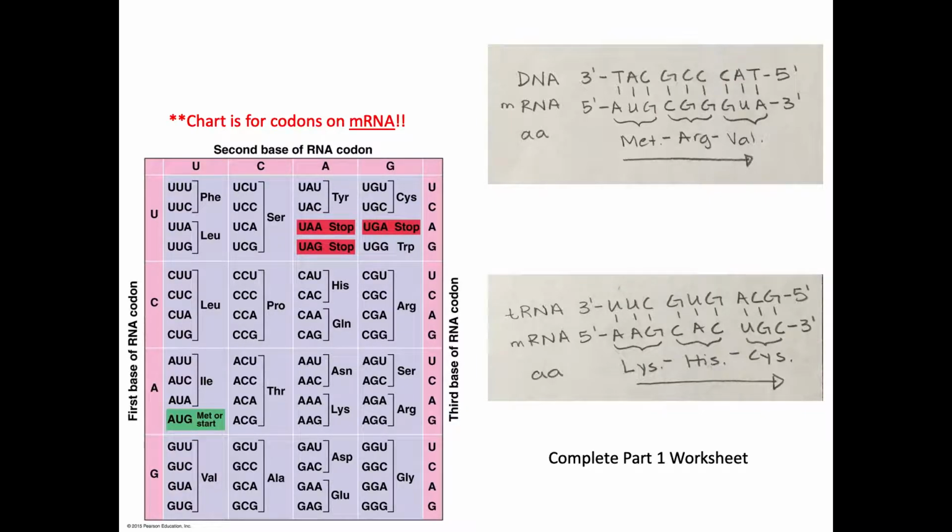Okay, so there's a worksheet that I made for you guys, a part 1 worksheet, and it's really important that you know how to complete it, because it will be on your exam. So here, let's start off with a situation where you're given the DNA sequence.